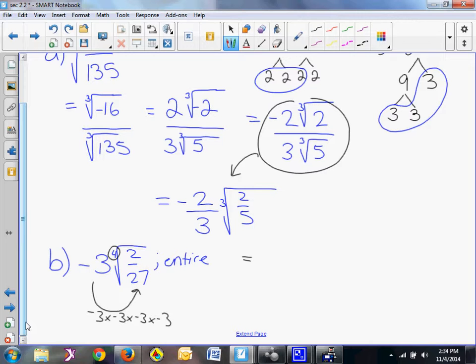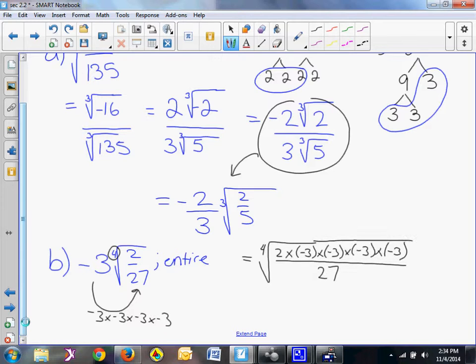So here's what this is going to look like. We have the fourth root of 2, and then times -3 times -3 times -3 times -3. And that's all going to be over 27. So let's make that radical huge.